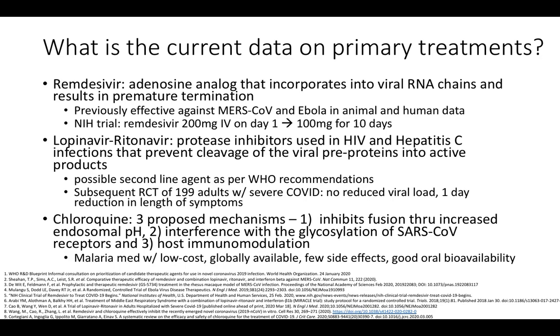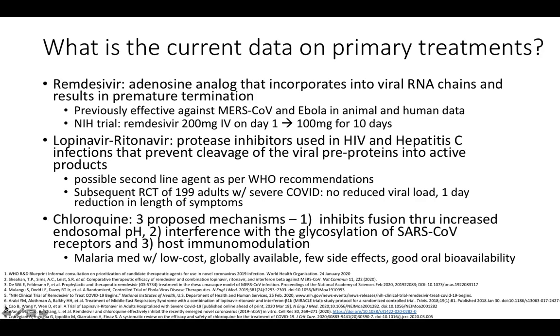days in patients. We also have lopinavir ritonavir, which is a protease inhibitor used in HIV and hepatitis C infections, preventing cleavage of the viral pre-protein into active products. The World Health Organization had previously recommended this as a second-line agent against coronavirus, but a recent randomized controlled trial came out in the New England Journal of Medicine.